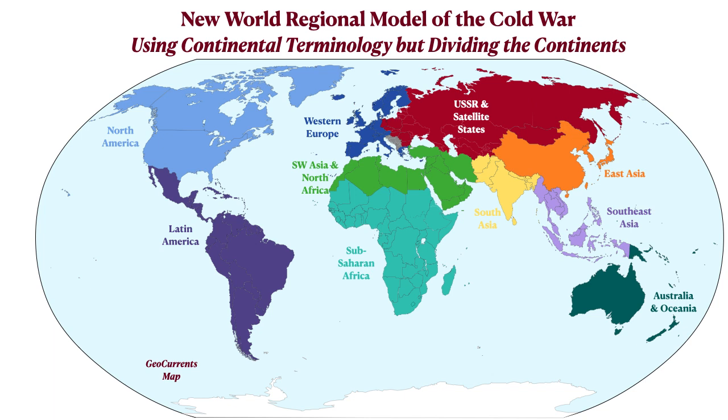And then Africa is divided, with sub-Saharan Africa separate. North Africa goes with the so-called Middle East. We had in the Cold War Western Europe, and then the USSR and its satellite states of Eastern Europe all grouped together as a world region. I've left Yugoslavia and Albania in gray because no one really knew where to slot them.